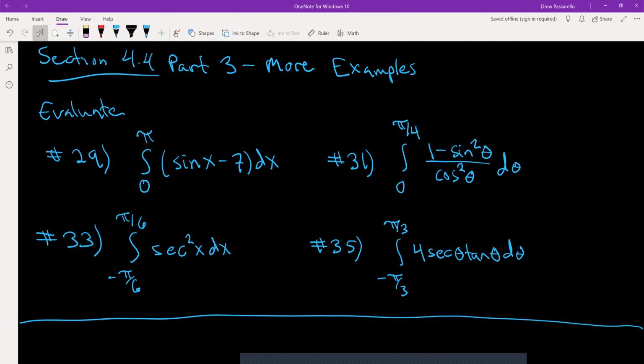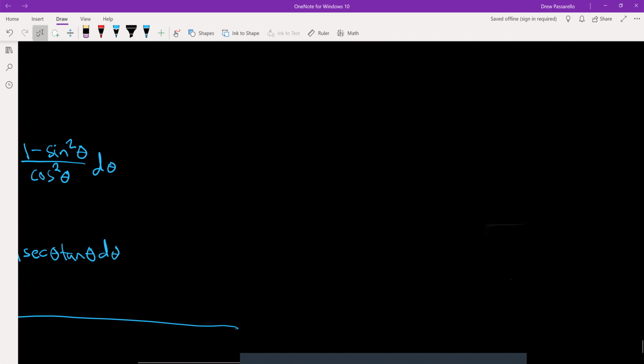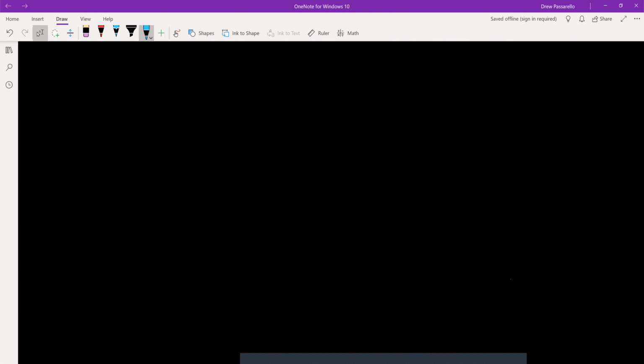So the first one, number 29, you're doing the definite integral of sine x minus 7, and the definite integral goes from 0 to pi.